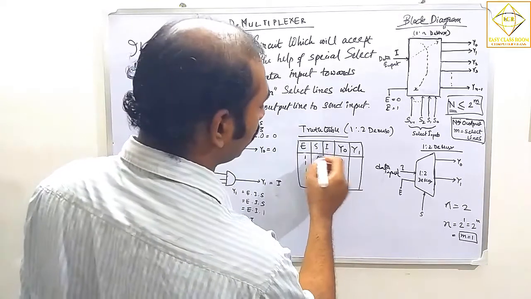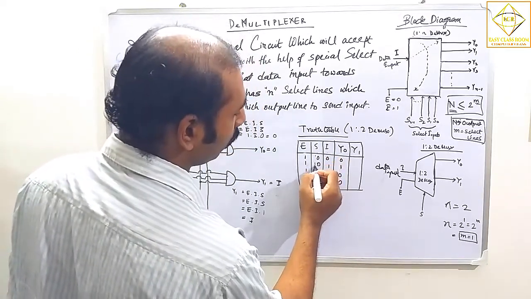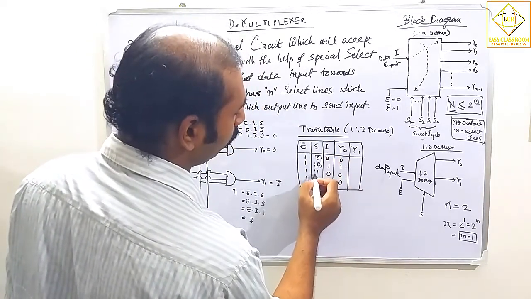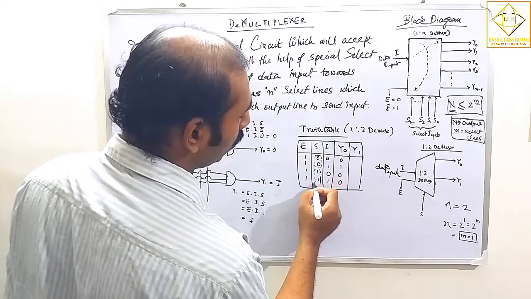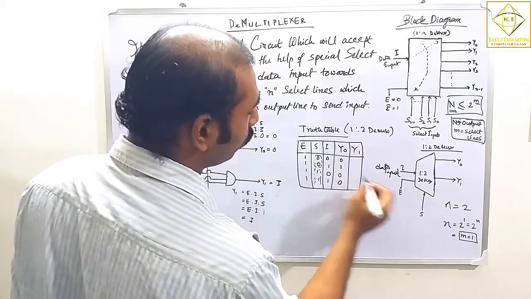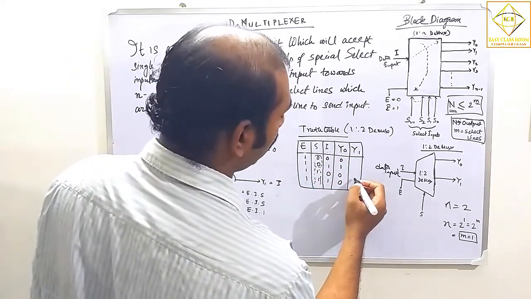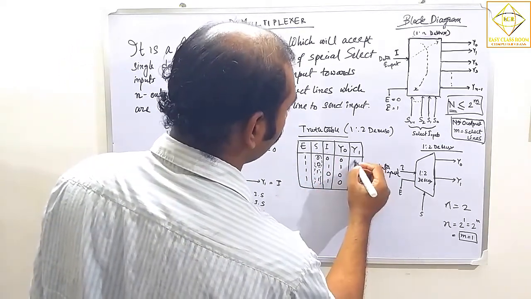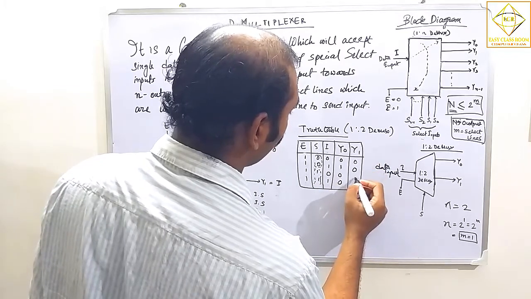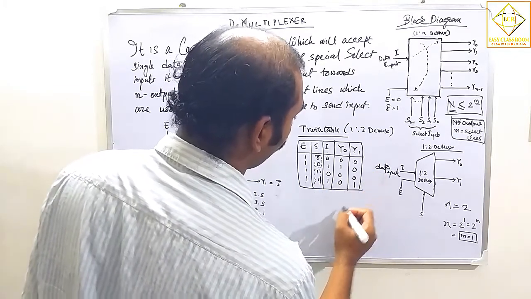And for S equals 1, what will happen? I will also be selected, and here this will be 0 and here 0 and 1.